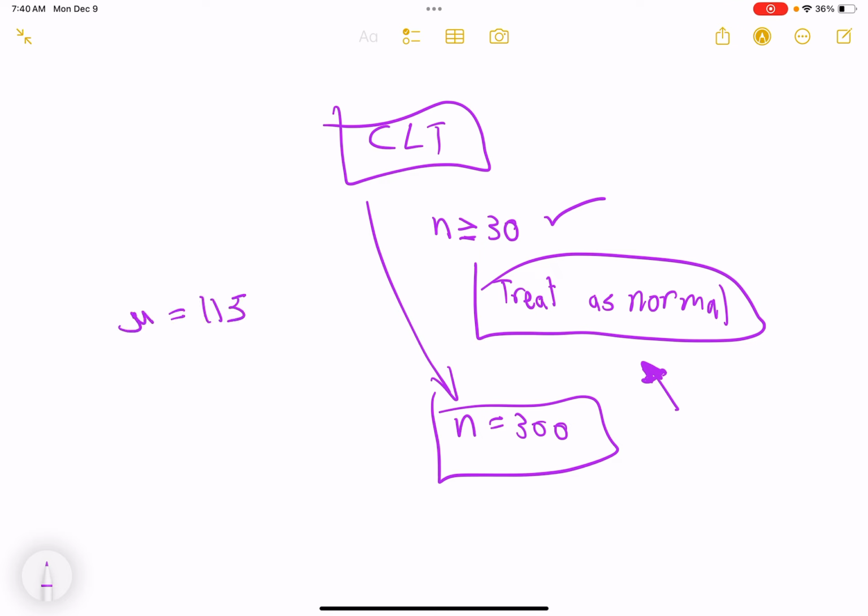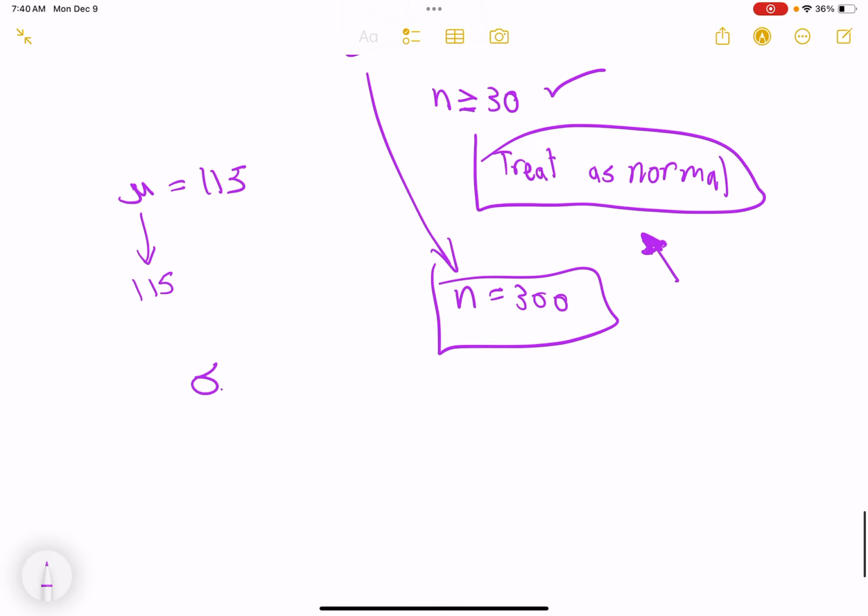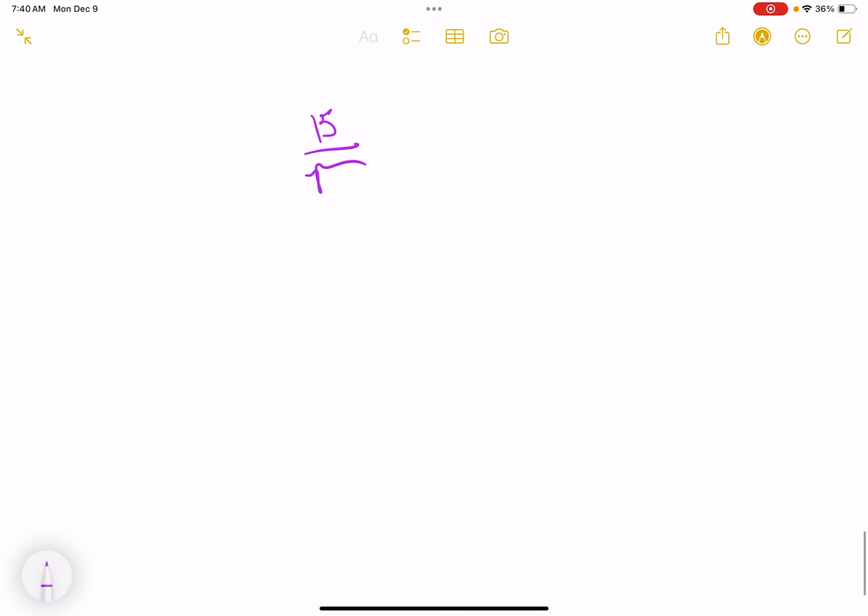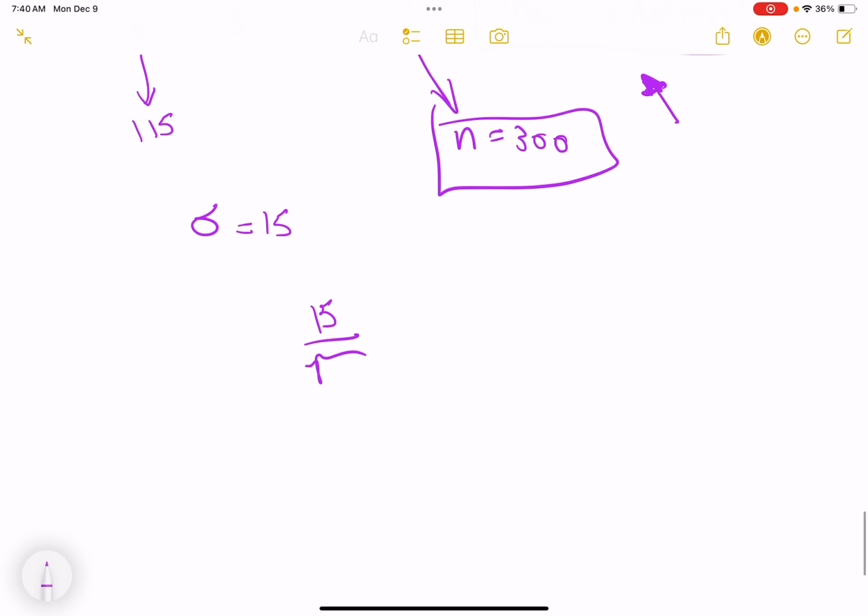We calculate our standard deviation. You'll note that we give the true population mean, and we give the true population standard deviation as being 15, so we'll do 15. And we know the amount in our sample is 200, so we'll do 200.